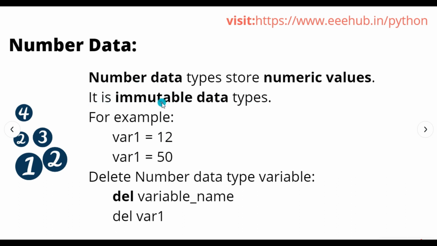Also, here it is written that it is an immutable data type. A number data type in Python is called immutable. What is the meaning of immutable? Immutable means it cannot be changed.